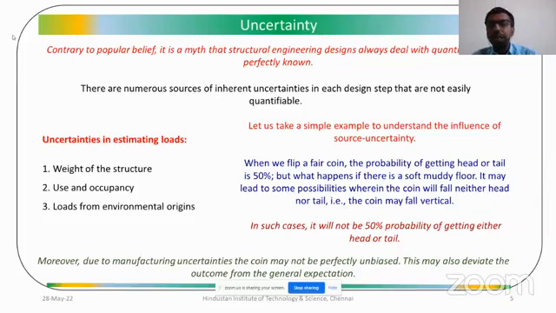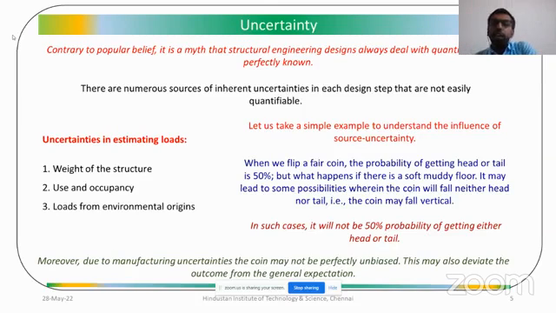In such a case, the general understanding that the probability of getting head or tail is 50% may be wrong. Apart from this, there is manufacturing uncertainty: the coin may not be perfectly unbiased, which also deviates the outcome from the general expectation.